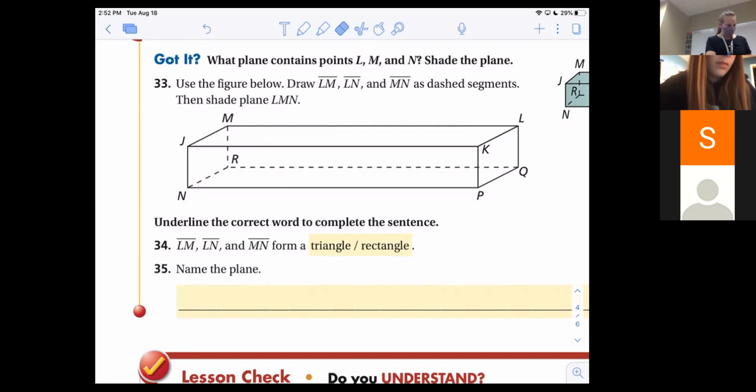So it says draw with the diagonal. I'm going to highlight because I think that's going to look easier up here once I get my pen going.